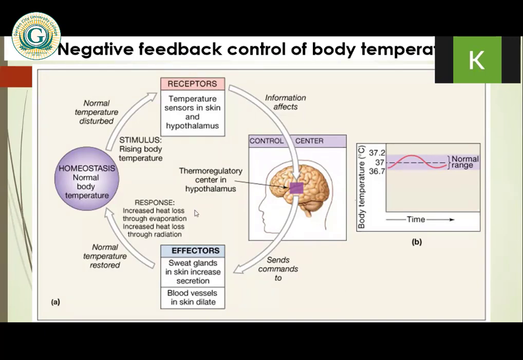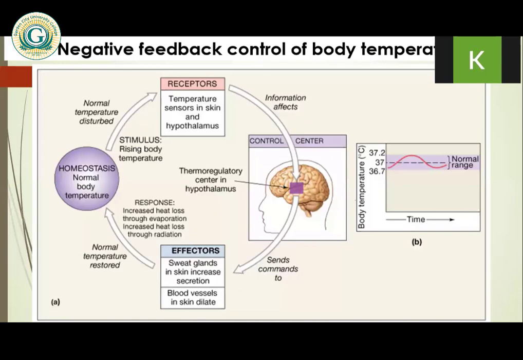Here the main control center for temperature regulation is the hypothalamus. In return, the hypothalamus will send a command to the sweat glands in the skin to increase secretion of sweat.